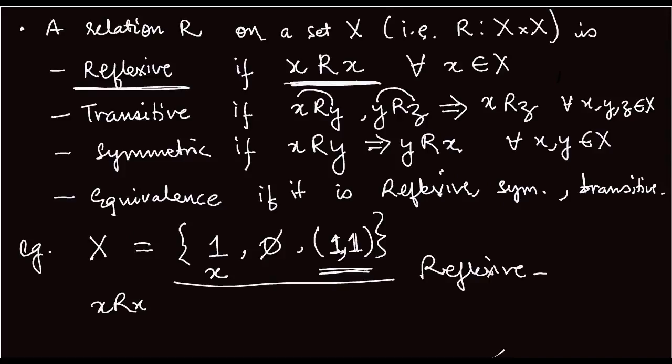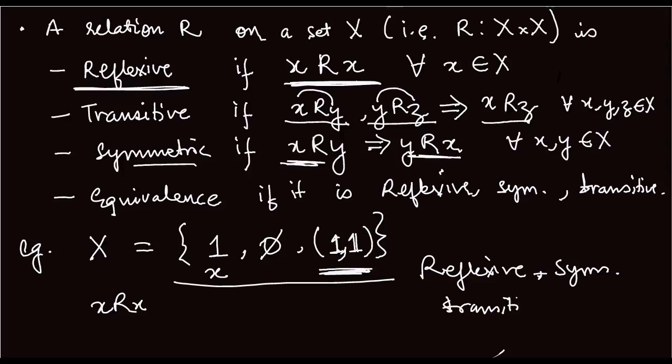To see the symmetricity, we have xRy and yRx. Of course, we have xRy, that is 1 is related to 1. In this case, x and y are equal. And we have yRx because 1 is also related to 1. So this is symmetric also. What about transitive? 1 is related to 1, xRy, 1 is related to 1, yRz. So that means 1 is related to 1, and we have this as transitive also. So if it has all three, then it will be an equivalence relation.